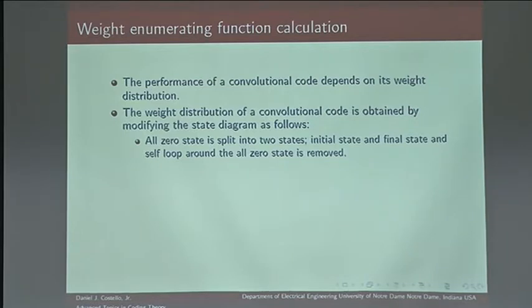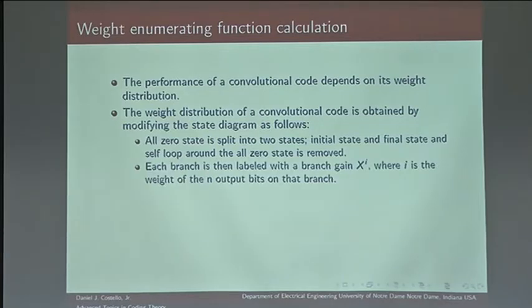So you take the all zero state, you split it into two states, an initial and a final state. And that little self loop around the all zero state, you just throw that away, because that has nothing to do with weight. It just gives you zeros. You can cycle around that forever and you don't get any weight. So we're only interested in weight here.